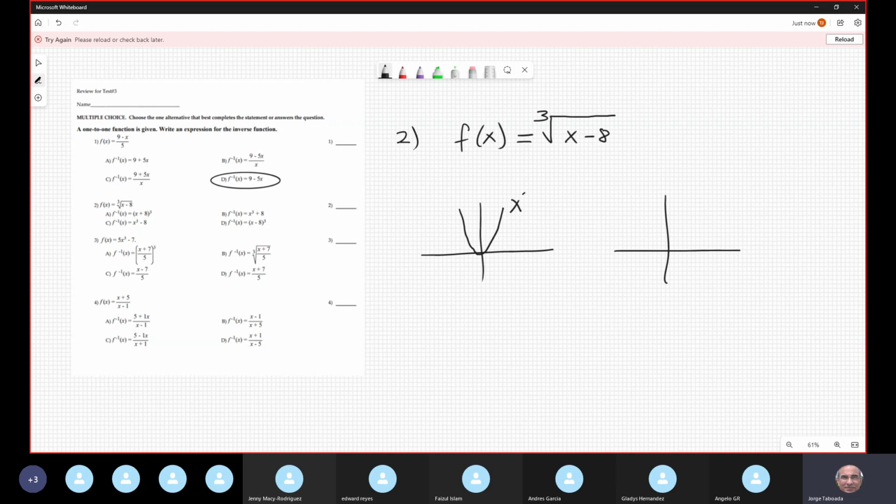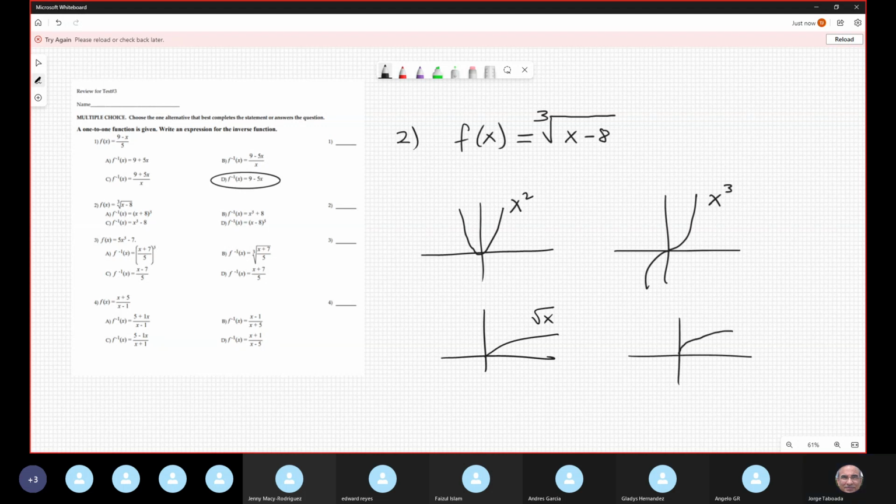The cubic parabola is like that. The square root is something like that. By the way, the domain is only positive, no negative. And the cubic root can look like that, similar, but in both directions. Approximately, it's the shape.